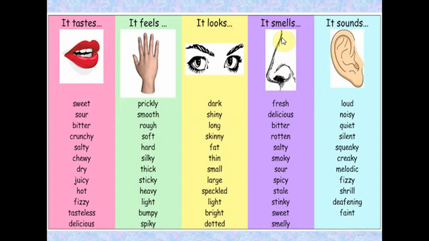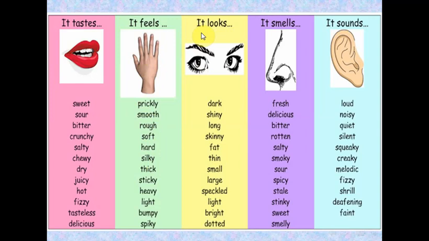Here are lists of adjectives according to using our senses. If you use the sense of tasting, you can use sweet, sour, bitter, crunchy, salty, and so on. If you describe something using your hands or the sense of touching, you can use all these adjectives: smooth, rough, soft, hard, silky.